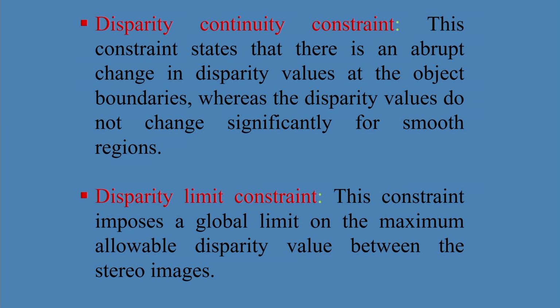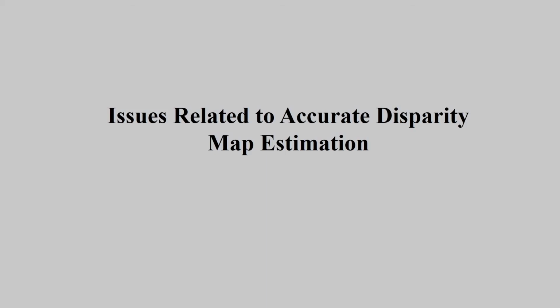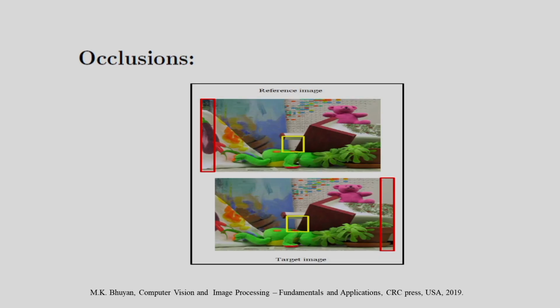These assumptions are quite important because based on these assumptions we are going to find the correspondence between the images. Next are the issues related to accurate disparity map estimation, and one important issue is occlusion. Here I have given one example of occlusion.